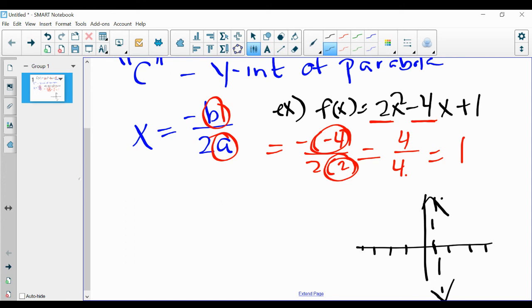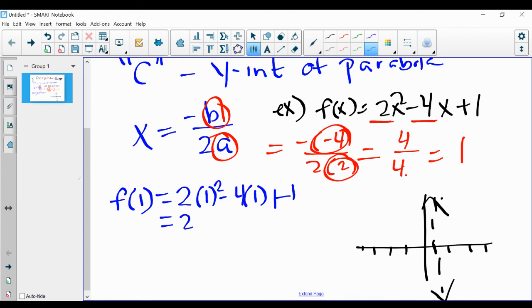So if I wanted to find my actual vertex, well, I already know that my x is going to be at 1. So I'm just going to evaluate it when x is 1. Instead of doing an x squared, I'm going to do a 1 squared. Minus 4 times 1 instead of x, plus 1.